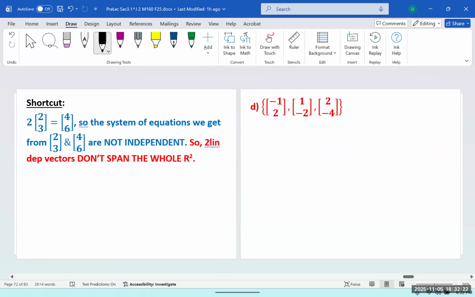Okay. Now we have 3 vectors in R2. Are they linearly independent?